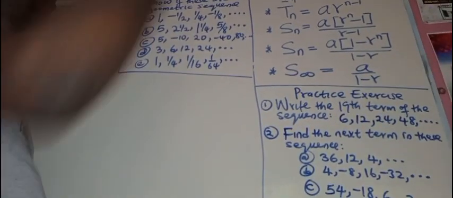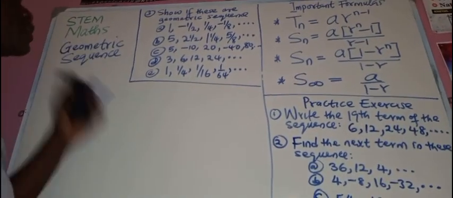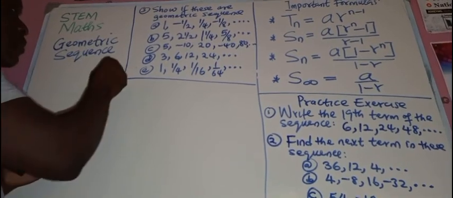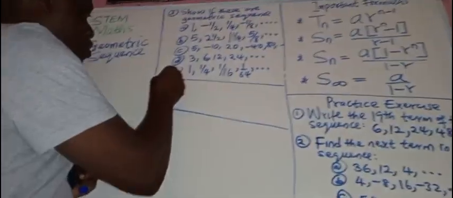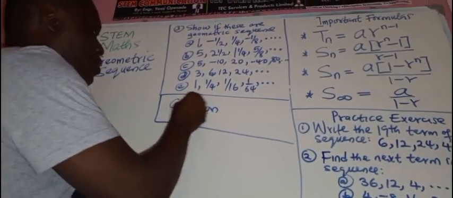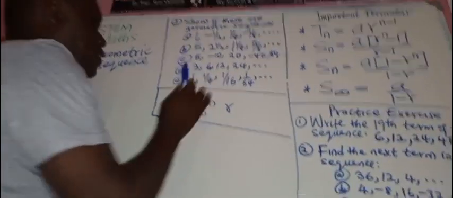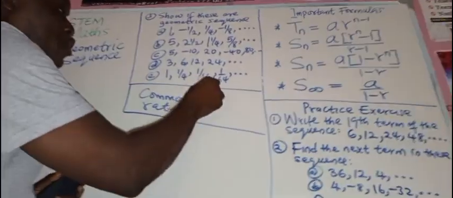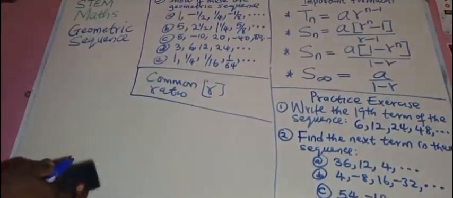So it can be increasing or reducing. So for geometric sequence, we talk about common ratio, R. Okay, here we talk about common ratio between the elements that are being listed.